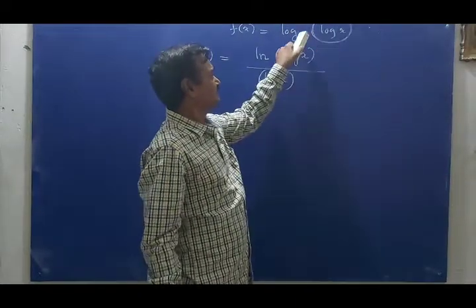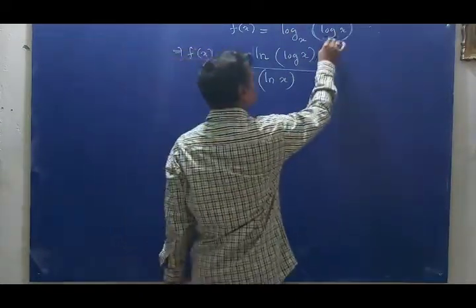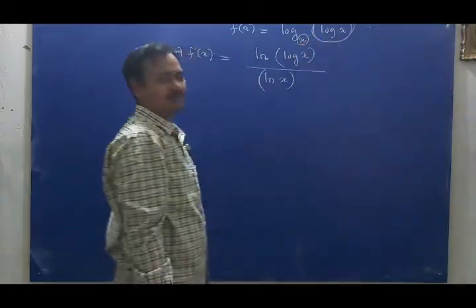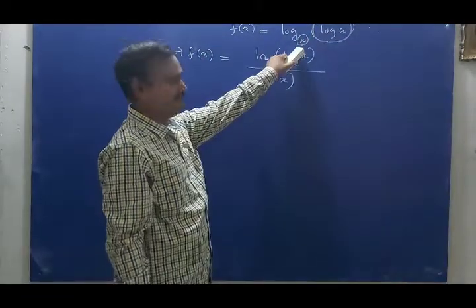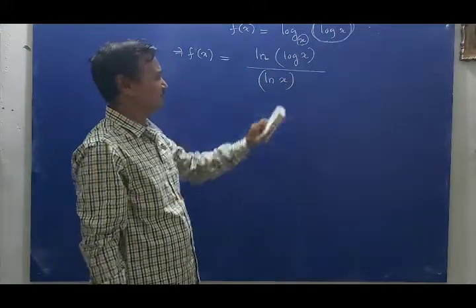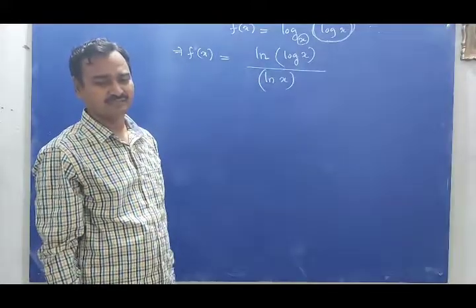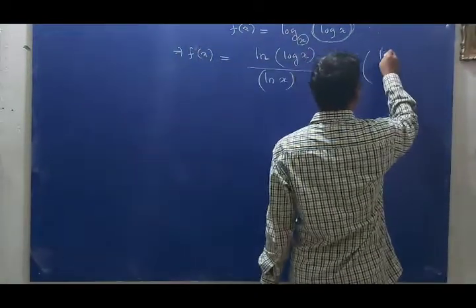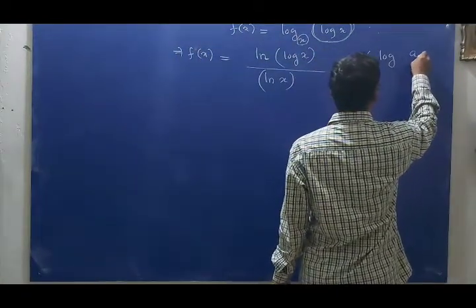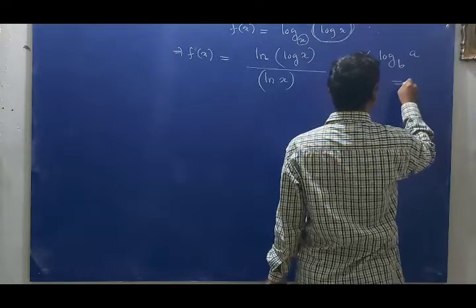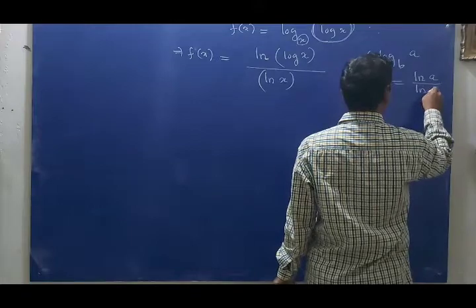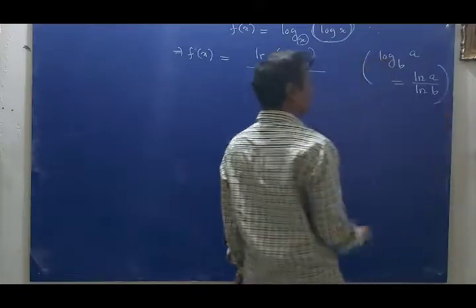Suppose we take this as a and this as b. What is the formula? Log of a base b is defined as ln of a by ln of b.